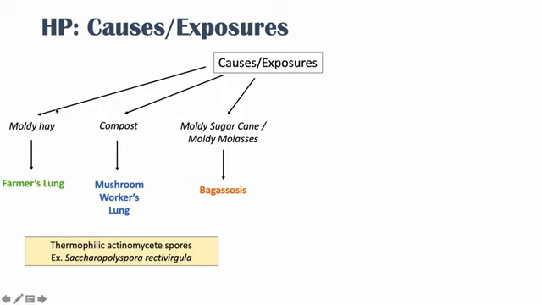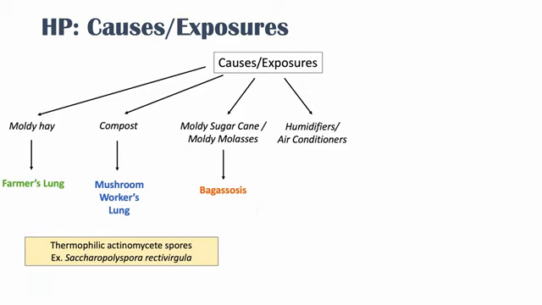So with regards to exposure to moldy hay or compost or moldy sugarcane or moldy molasses, it's not actually these things, it's actually these spores that lead to these types of conditions. And we name these conditions based on the exposure. So moldy hay leads to farmer's lung, compost leads to what we call mushroom worker's lung, moldy sugarcane or moldy molasses leads to a condition known as bagasosis.